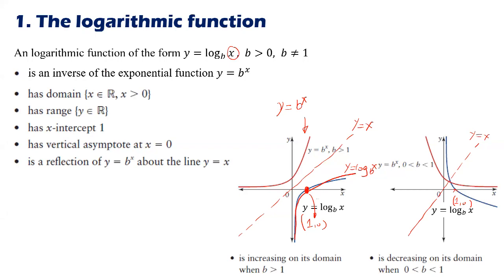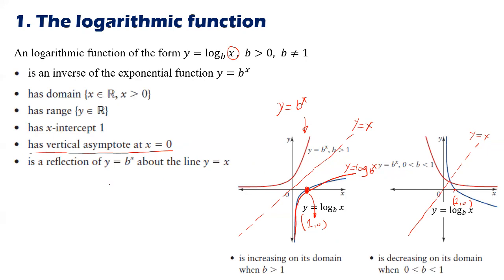The range is the whole set of real numbers and it has an x-intercept at (1, 0). It crosses the point (1, 0) because when x is 1, log base b of 1 is 0. And we have just mentioned this. It has a vertical asymptote at x equals 0.